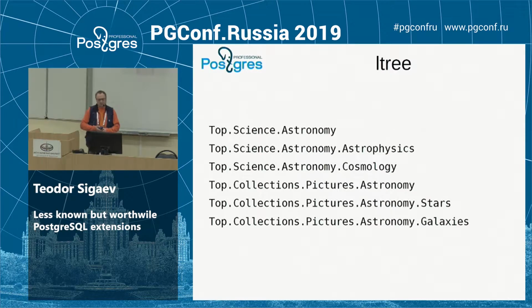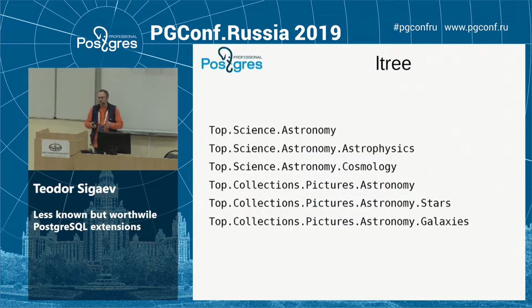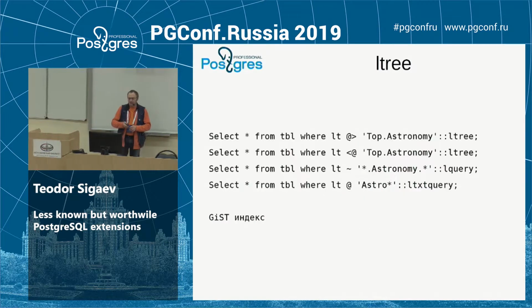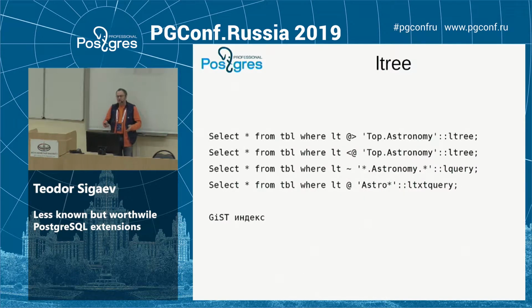So this is our tree, but it's not a pure tree because astronomy is doubled here. Based on the file system analogy, these are different directories, different paths. And luckily, there are no symlinks, so it does not support them, and I hope it will never support them.